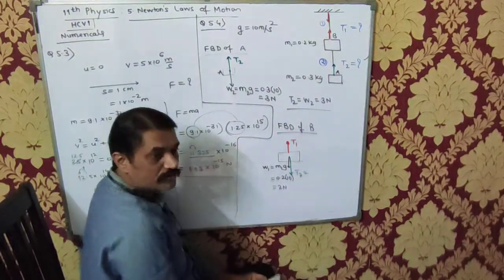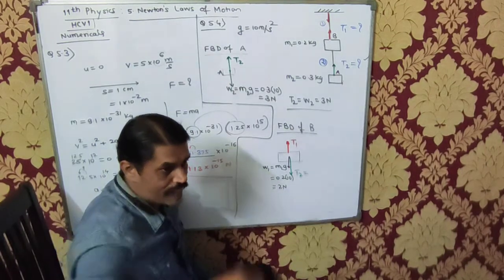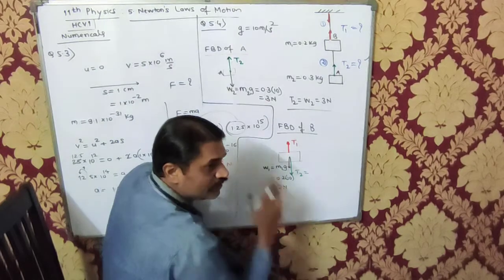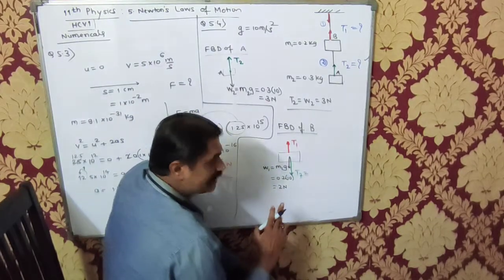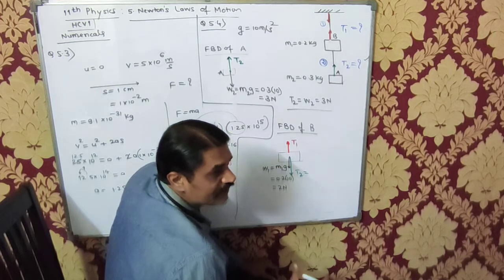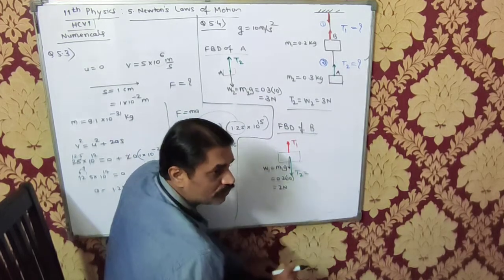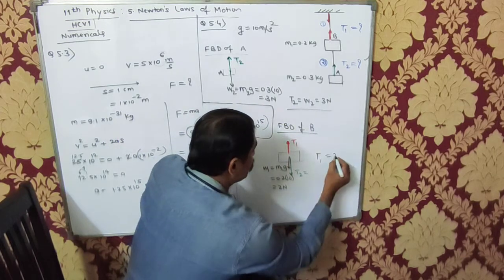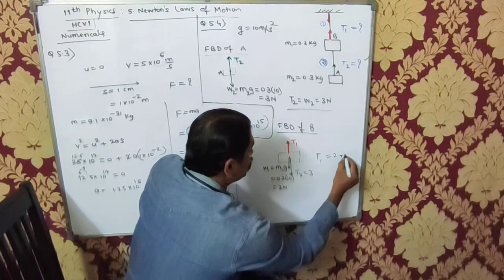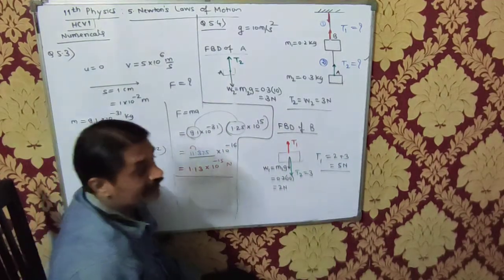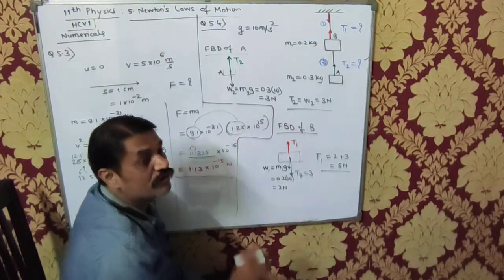Is this clear? Now, since the system is in equilibrium, upward force is equal to downward force. So T1 is equal to 2 Newton plus 3 Newton, that is 5 Newton. Some people put it in a different way: the summation of all the forces is equal to 0.